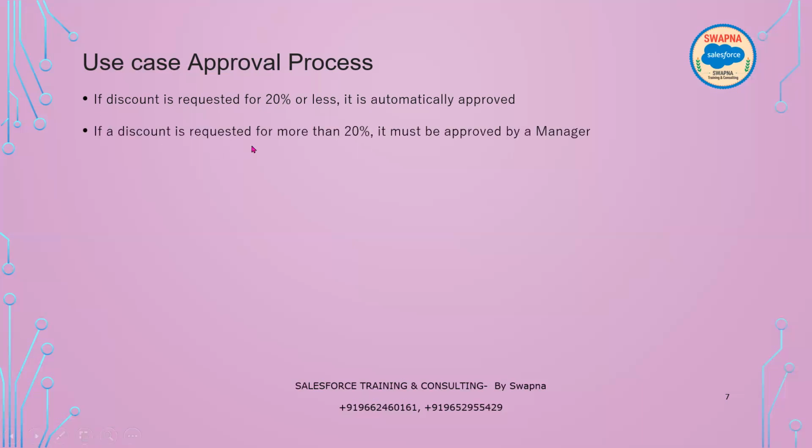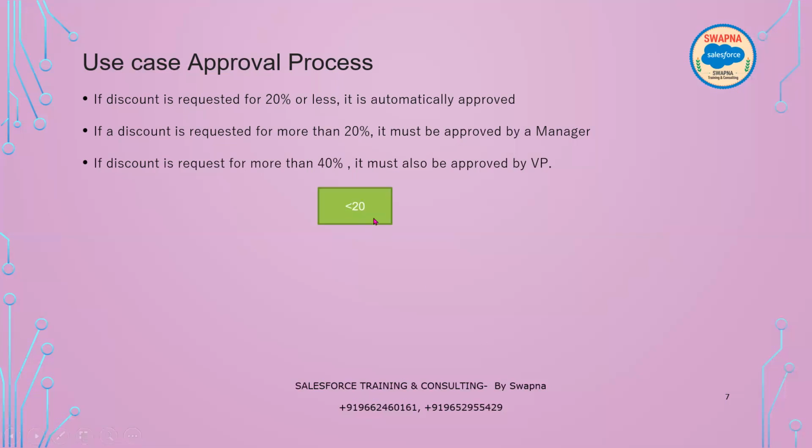If the discount is requested for more than 20%, then it has to go to your manager. The manager has to approve it. If the discount request is more than 40%, then it must also be approved by the VP, because that discount is too high. So if it is too high, two approvals are needed here.